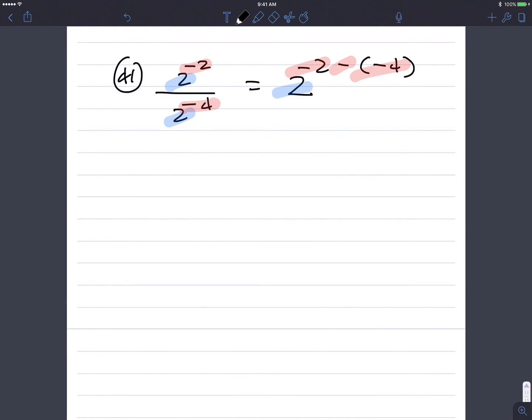So this is, again, a minus situation. So this is 2 to the -2 plus 4. -2 plus 4 is 2. And again, 2 times 2 is the value what? 4. And you're done.